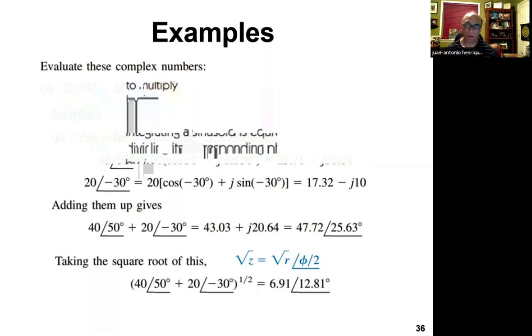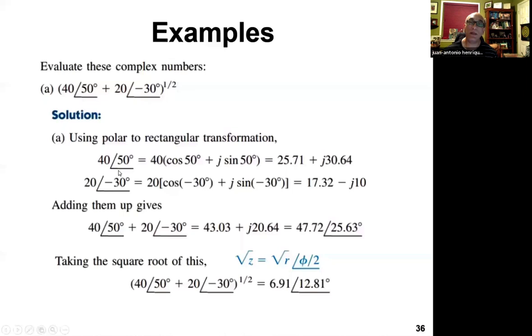It might be easier to do it that way, because we can't add these quantities directly as they are. There's no way we can just add them like that. So we need to put them in rectangular coordinates.